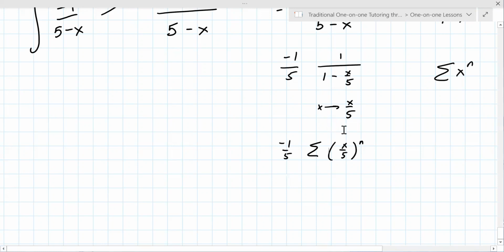One of the mistakes here is to think that this 5 is important. This is why I often separate it: it's x to the n, and it's 1 over 5 to the n. You've got a minus 1/5 here. You're integrating with respect to x, not the 5 or the n. x is your variable, n is irrelevant.